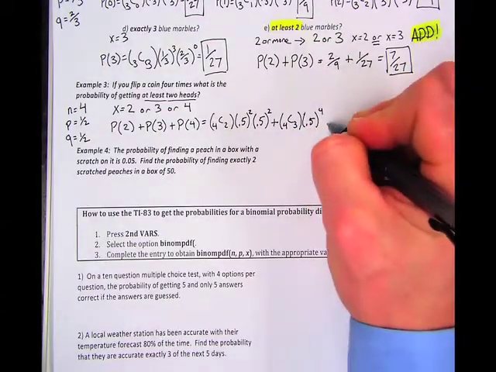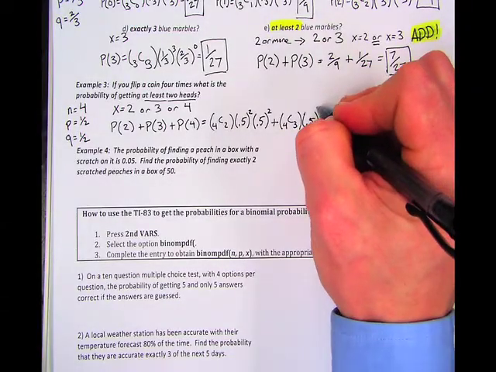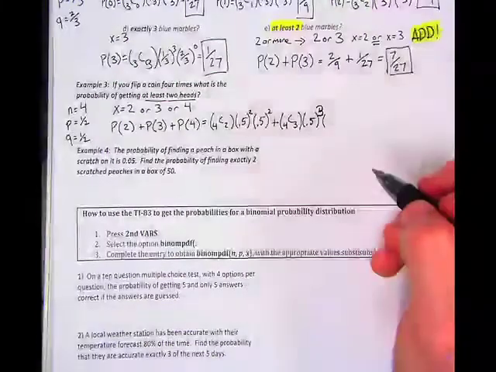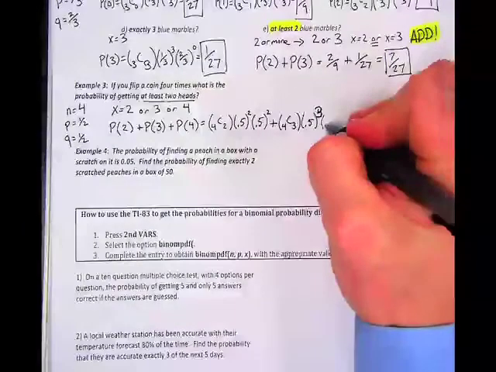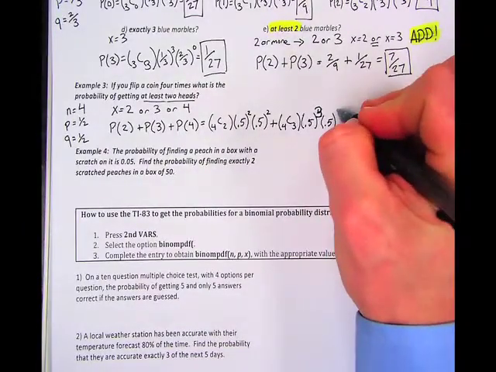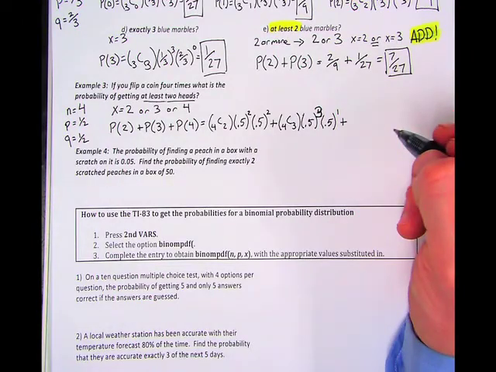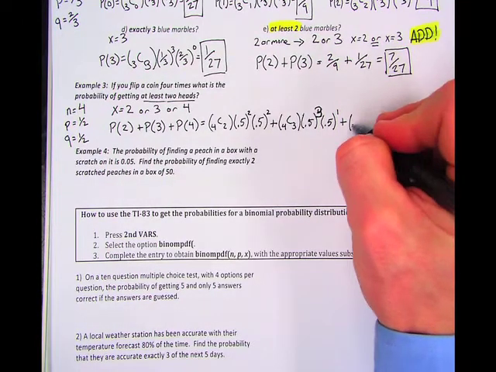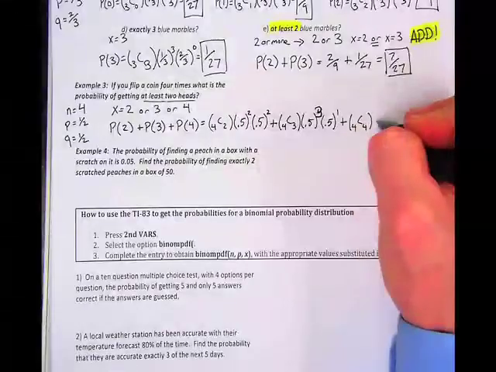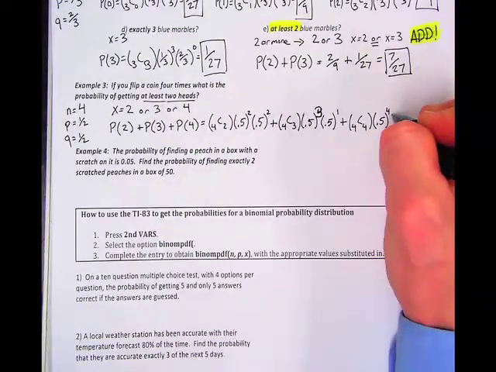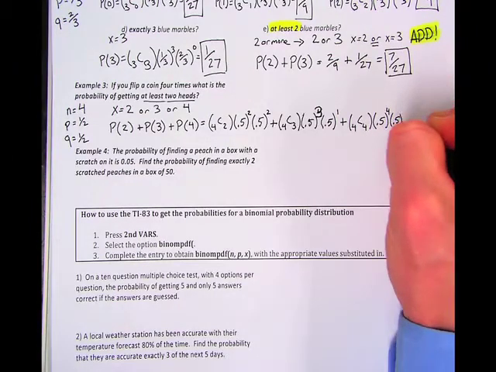And we want 3. So if we have 3 successes, that means we're going to have 1 failure. And then 4c4 means we're going to have 4 successes and 0 failures.